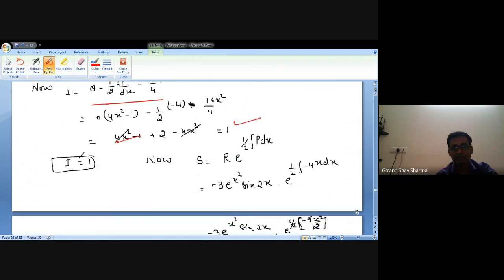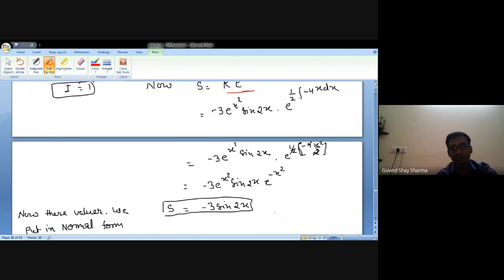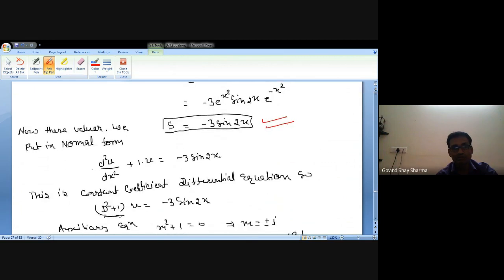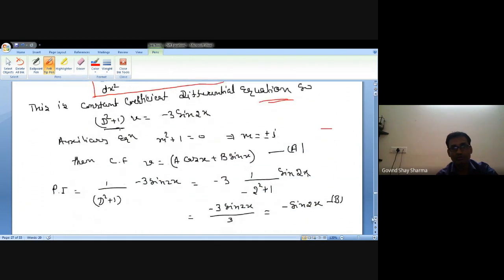Now S is equal to r e to the power half integral p dx. We put the values and get minus sin 2x. All of this we put in the normal form, and this becomes a constant coefficient equation. Now we find the value of m. M is imaginary, so the solution is a cos x plus b sin x.